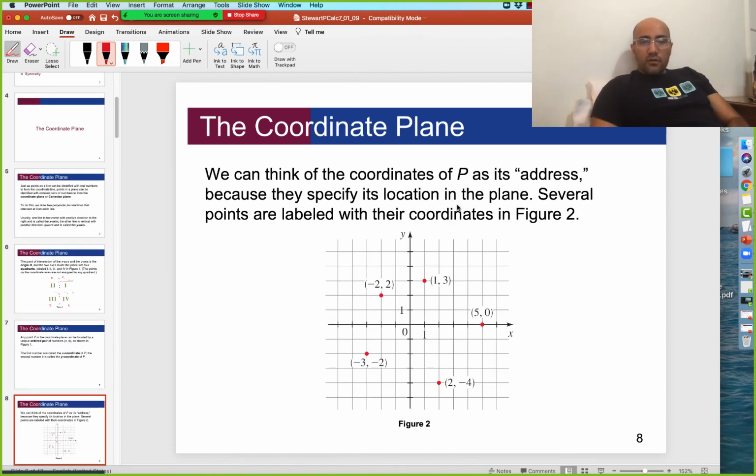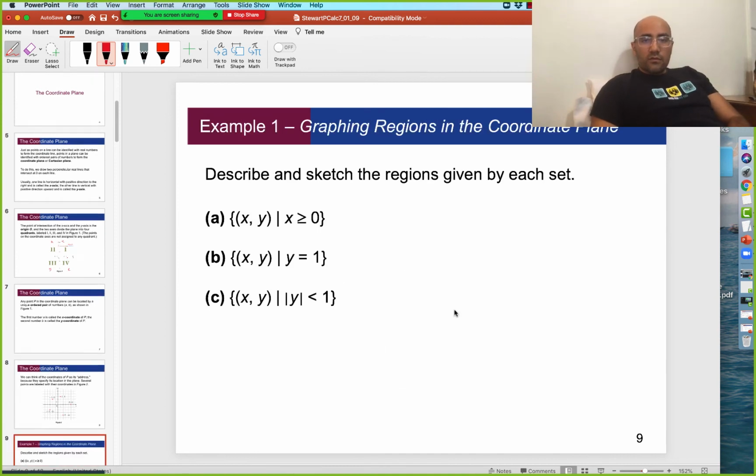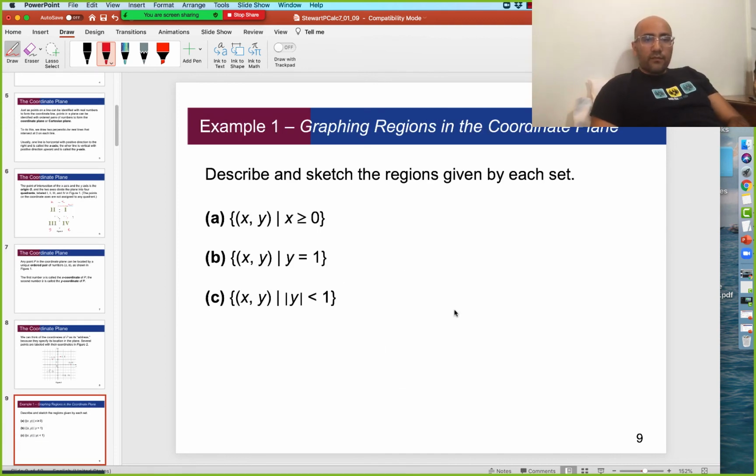So any point on our grid, for example (1, 3), means that we go 1 unit this way, 3 units up, and then we arrive at our destination. It's important to remember that the first value is always along the x-axis, the second value is always along the y-axis. Hopefully that's all pretty clear.